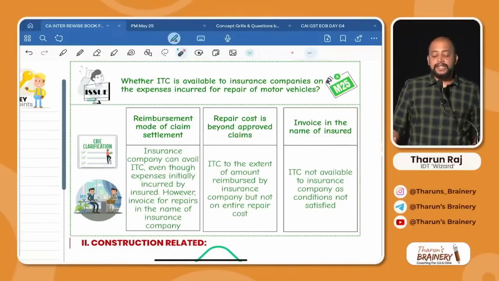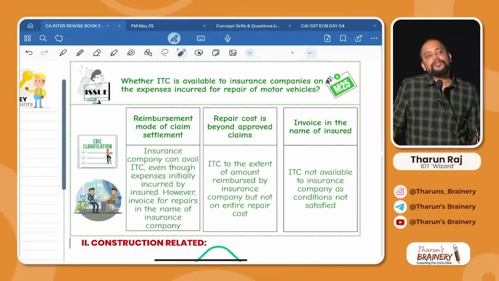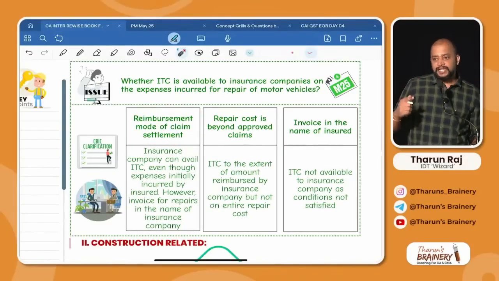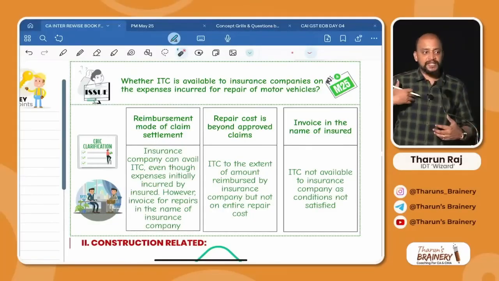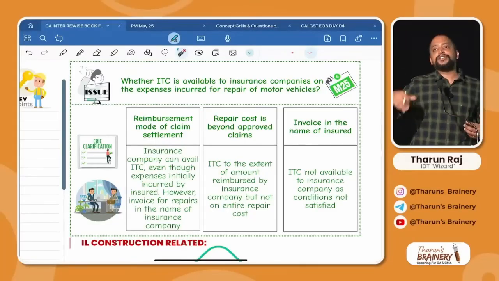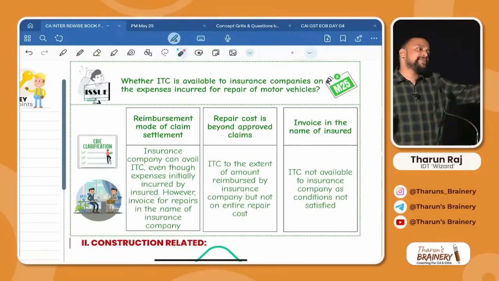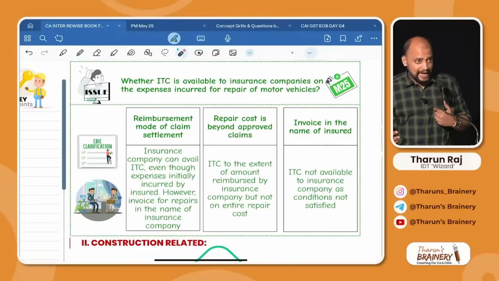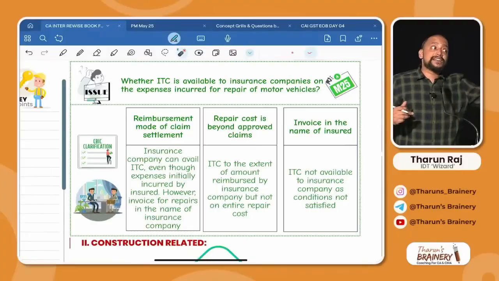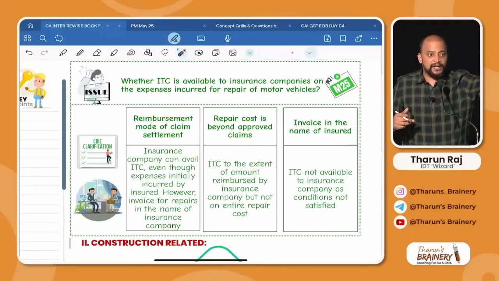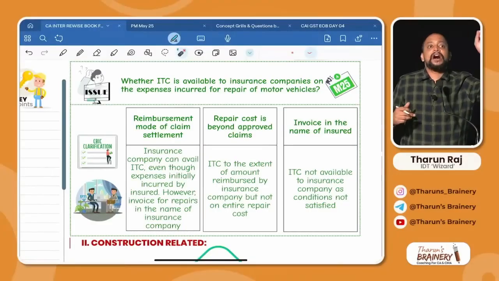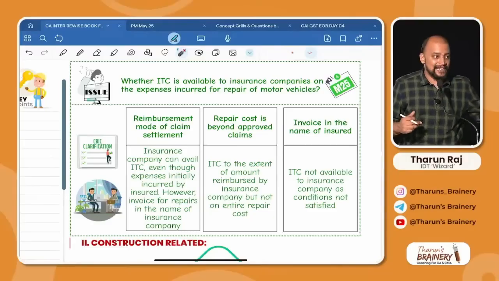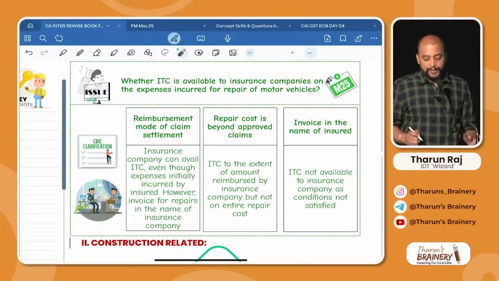First, there is a reimbursement mode of claim settlement. Reimbursement mode of claim settlement means what? First, the insured will pay. After the insured pays, the insurance company will reimburse the insured. Is it clear or not? Now, in this case, even though the insurance company is not making the payment directly to the garage or workshop, they can take ITC, but the only condition is that the invoice should be in the name of the insurance company.